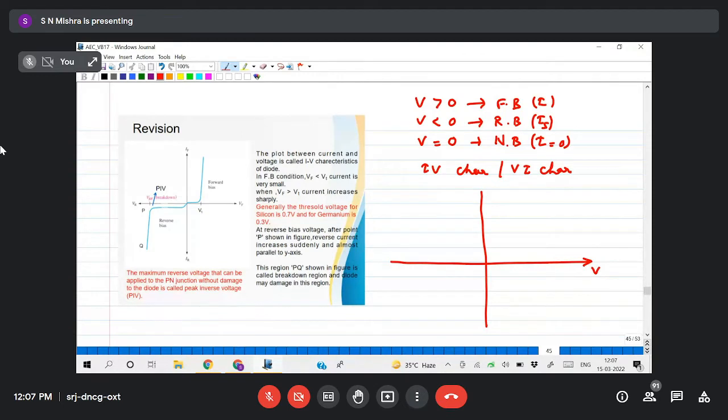On the X-axis we take voltage, because this is the independent quantity, unit is volt, and on the y-axis current, unit is milliampere. Whenever you plot, take the dependent quantity on the y-axis so that the graph will be correct. When we apply voltage, then only current will flow.